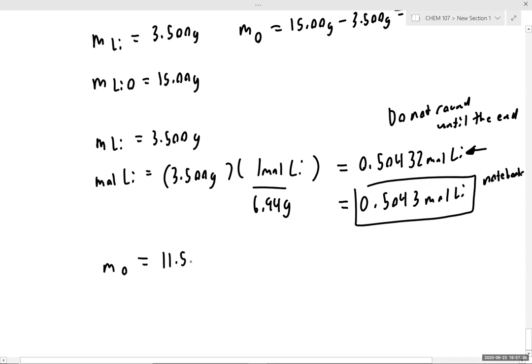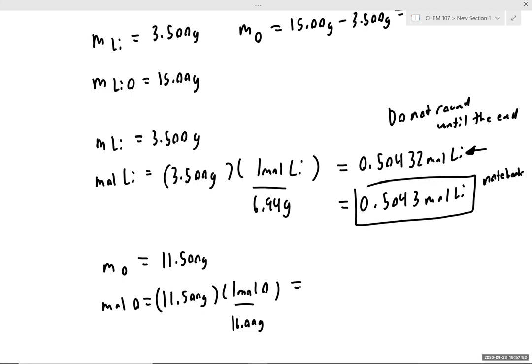For our mass of oxygen, we have 11.500 grams. So our moles of oxygen, in 1 mole of oxygen, we have 16.00 grams. So we take 11.5 divided by 16, and that gives us 0.06250 moles of oxygen.